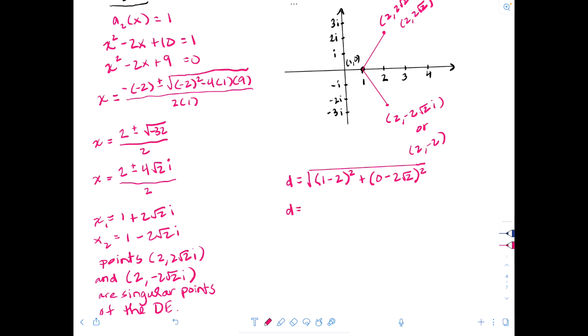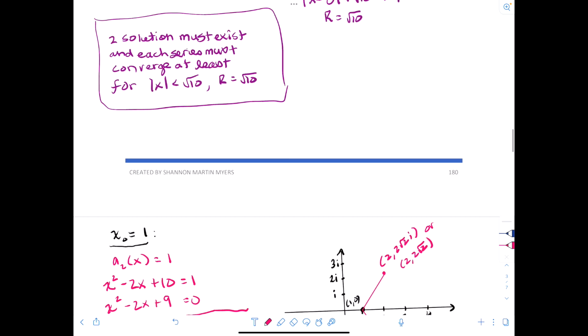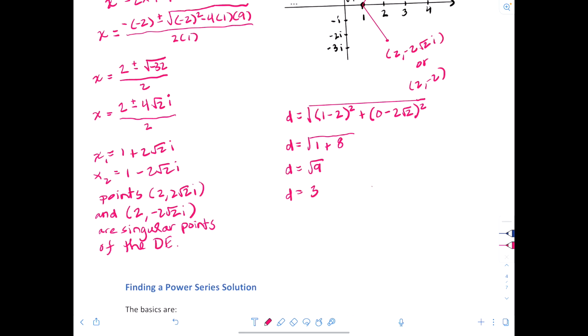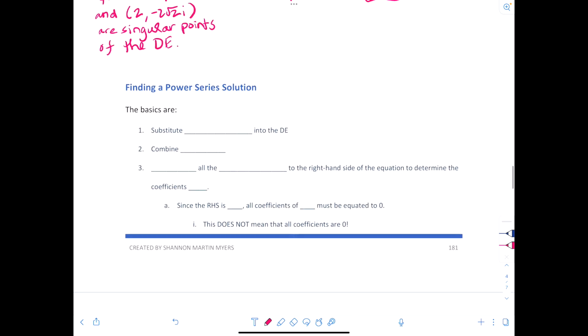So our distance will be 1 plus 8 under the square root, which is root 9, which just gives us 3. So, like we said, we'll just put on this one our radius of convergence is 3. And we'll get to solutions just like before. Okay?